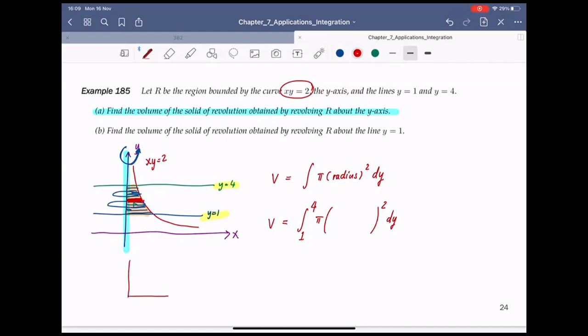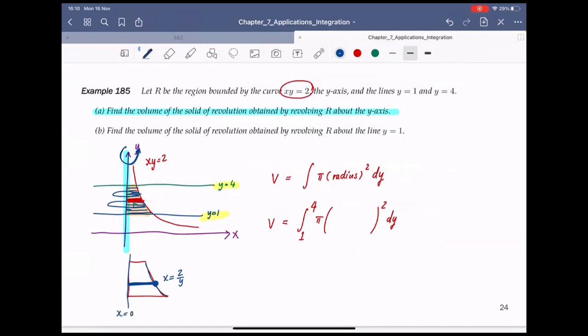From the shape I have here, if I draw the horizontal line, the function on the right is x equal to 2 over y. The function on the left is x equal to 0.